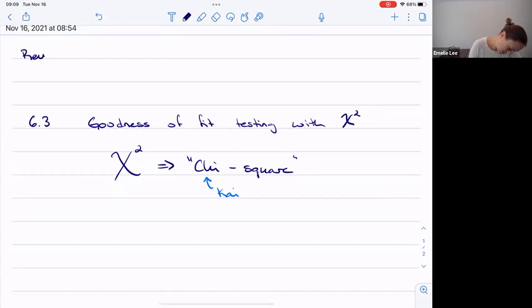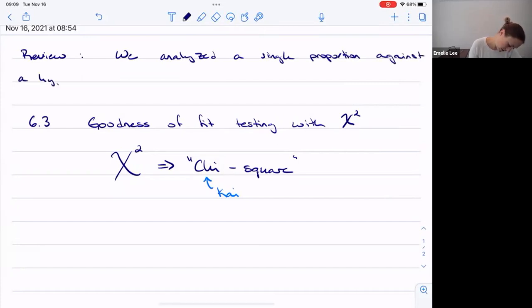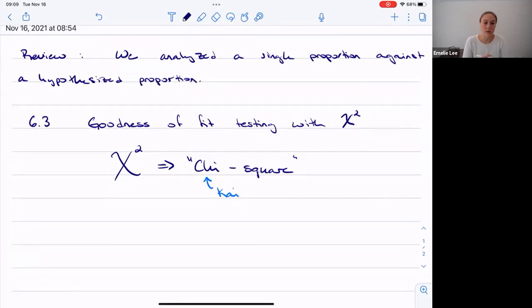But in terms of review, we analyzed a single proportion against some hypothesized proportion, right? And then we extended that.